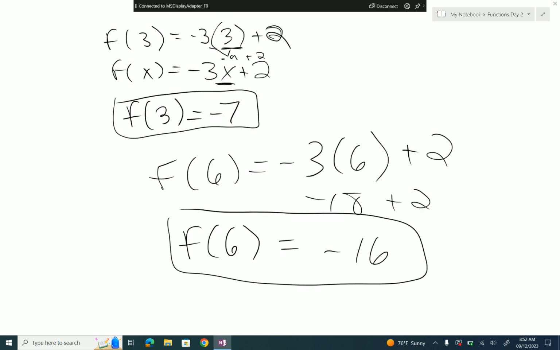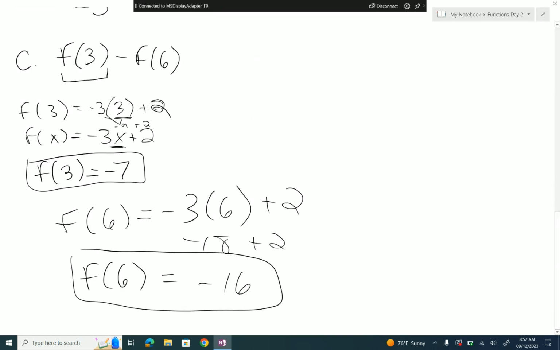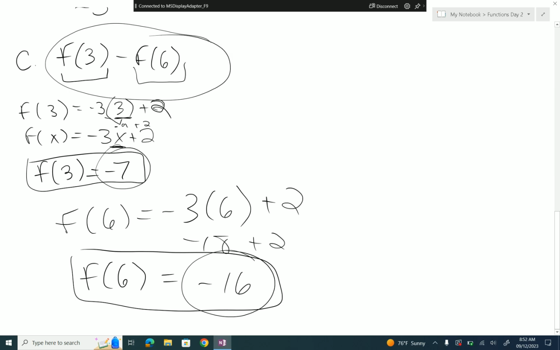So first we got f of 3 is equal to negative 7. And then we solved for f of 6, which was negative 16. So how do I think I'm going to find f of 3 minus f of 6? Anybody have an idea? What was my value for f of 3? Negative 7.